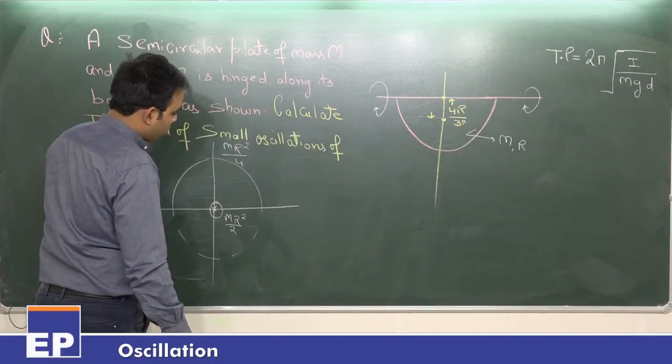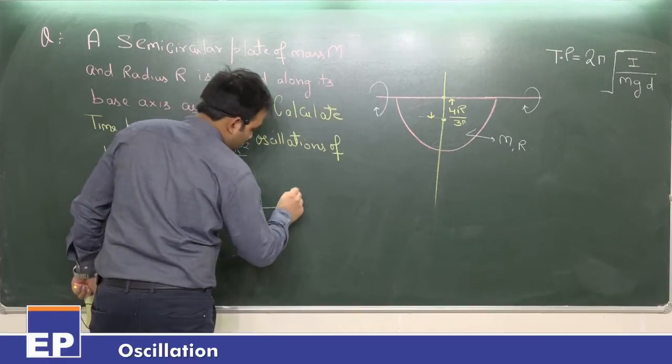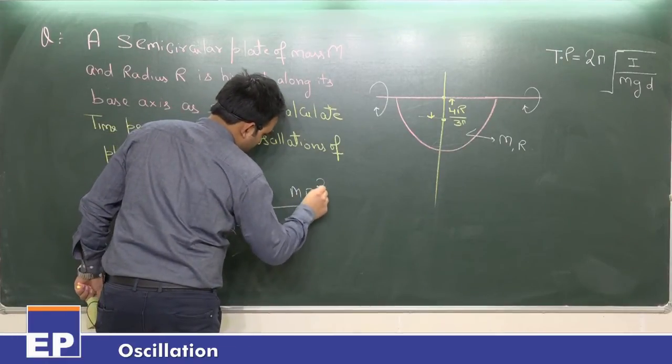About it is mr square by 4. But similarly, about it also remains mr square by 4.